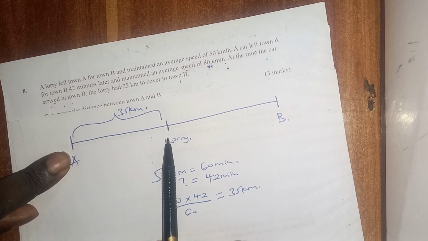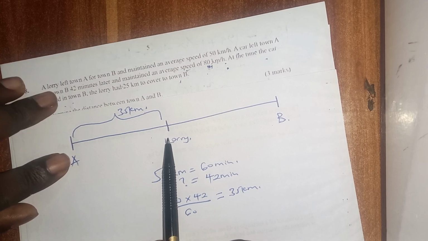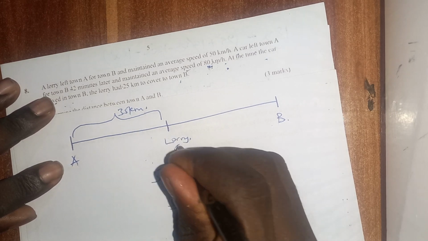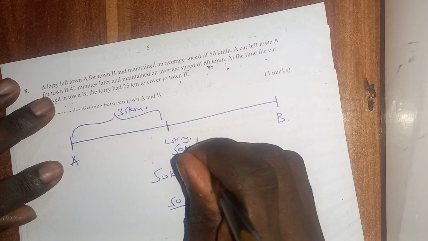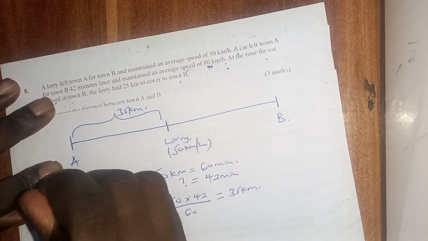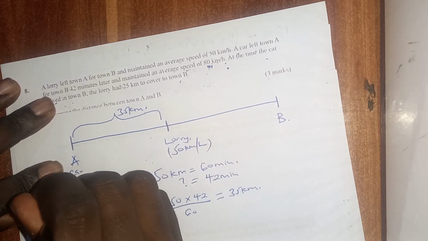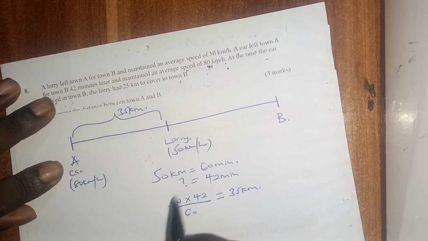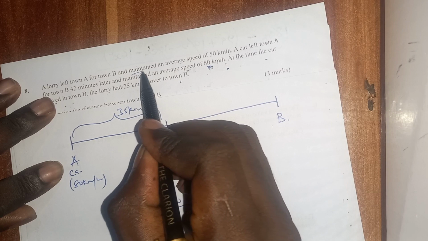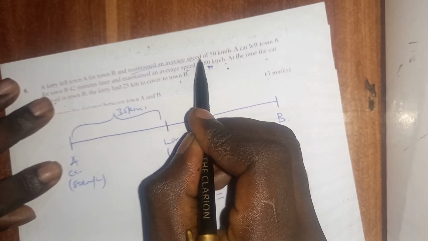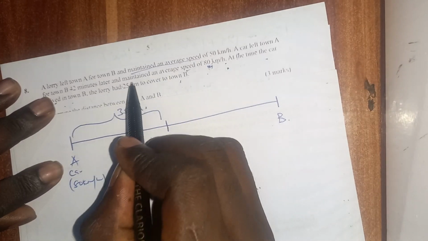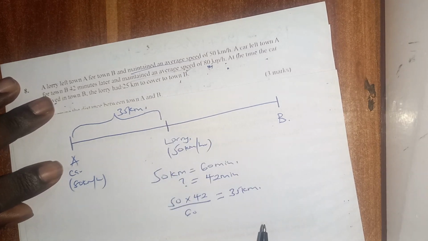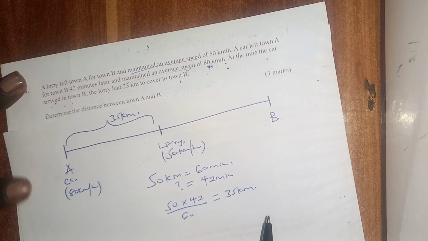Now, this one is traveling at 50 kilometers per hour, and the car is starting at 80 kilometers per hour. And they maintain the average speed, so the speed does not keep on fluctuating. So now we'll have to calculate relative speed.